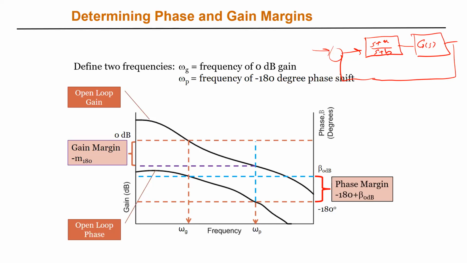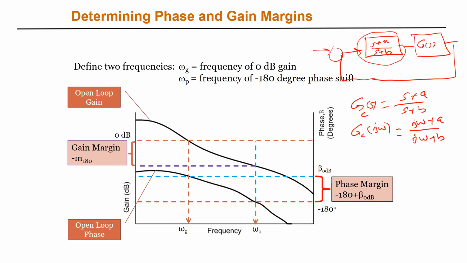Let's focus on this function, G of compensator, let's call it, of S equal to (S plus A) over (S plus B). So G C of J omega equals (J omega plus A) over (J omega plus B).